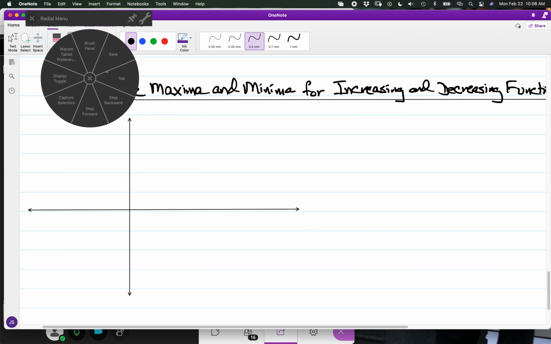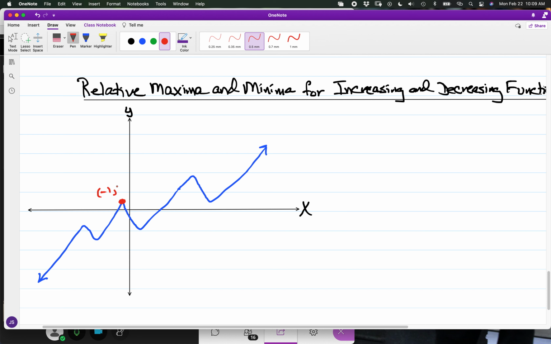Now I'll just put in some ordered pairs. Let's say I have negative 1, 1. Let's say we have 2, negative 3. So we have negative 3, negative 4.